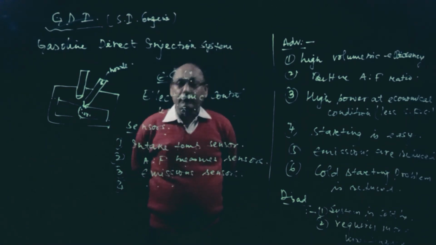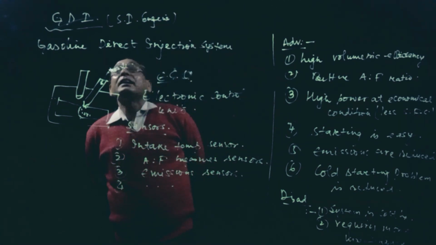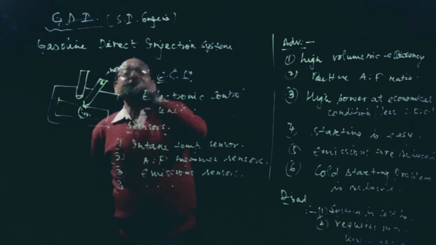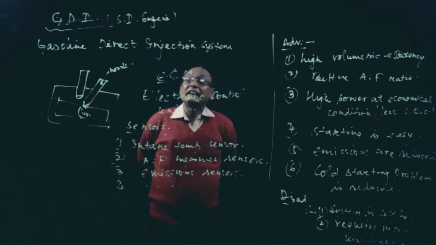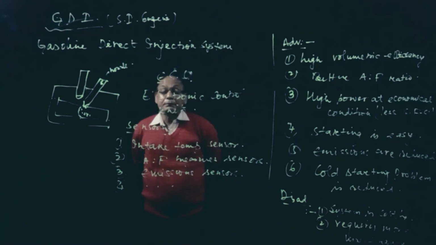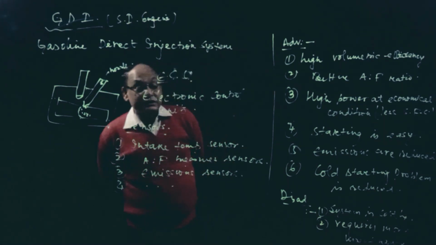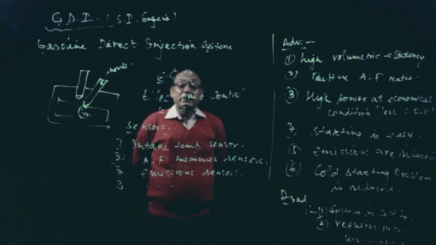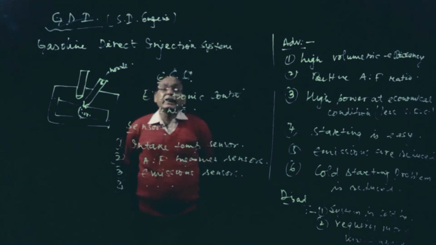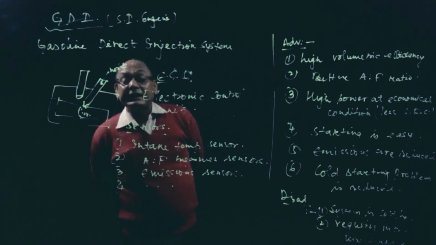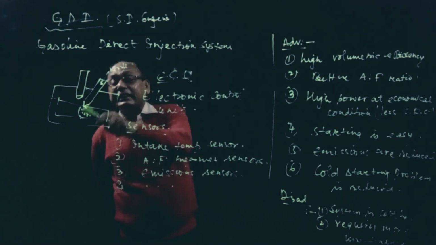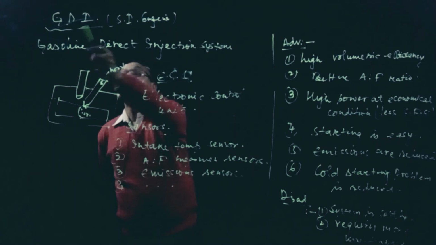That drawback we have already seen in the last class. Here, this GDI system has a lot of electronic control units as well as sensors. Sensors may be intake temperature, exhaust temperature, air fuel mixture sensors. Many other sensors will be measuring, and accordingly fuel is injected directly into the cylinder. That's why the name is GDI.